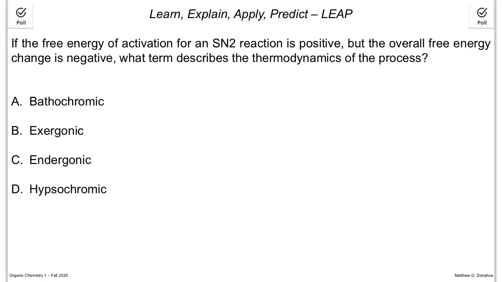So this one is B. And again, the reason it's not called exothermic is because we're using this Gibbs free energy that includes the temperature and entropy components of the measurement.